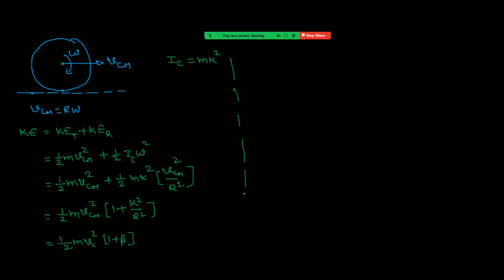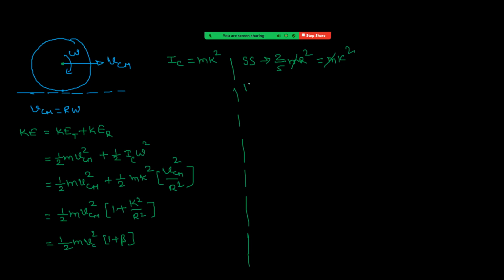For example, if you take a solid sphere, IC about any diameter is 2 by 5 m r square, that is equal to m k square. Now see what is the value of k square by r square? It is 2 by 5.